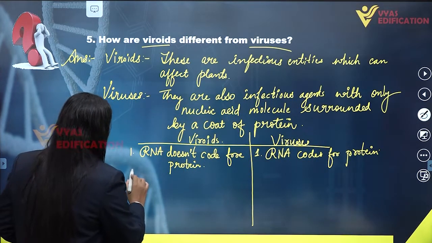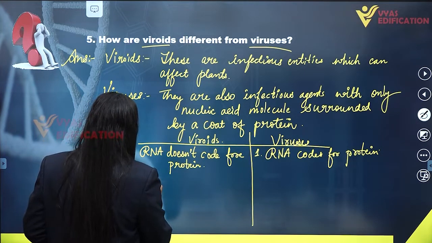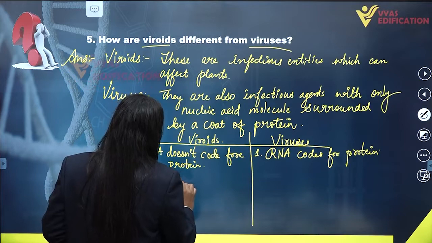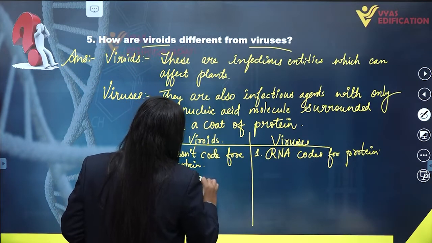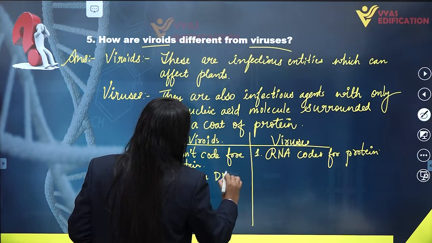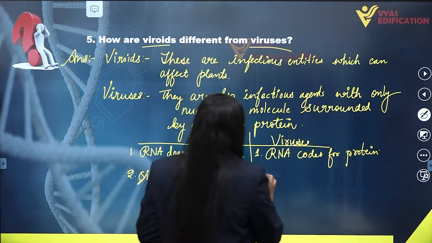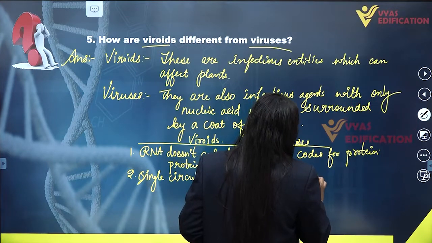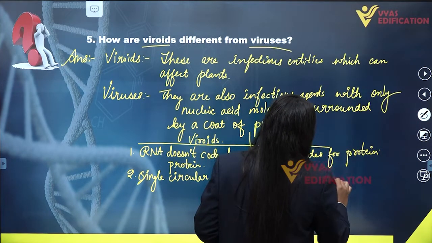Then viroids have only single circular DNA, whereas numerous DNA are present in viruses.